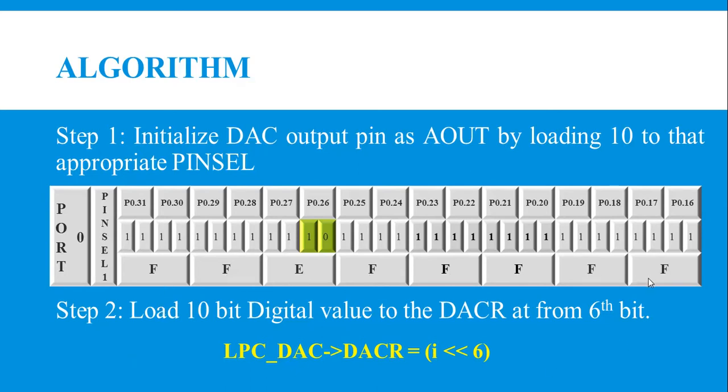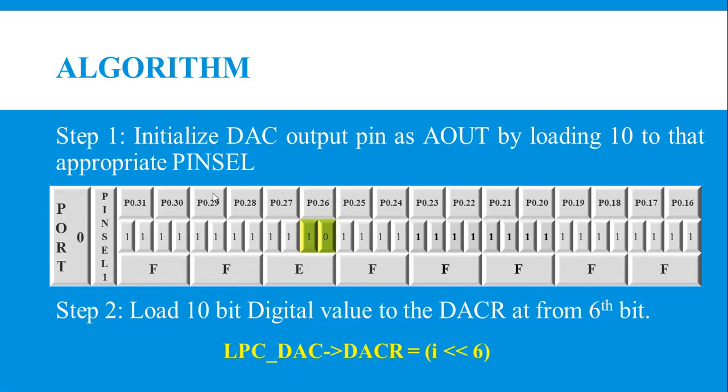This is one way, or alternatively you can directly load 1 to the 21st position of the pin selection 1 register. Either way you can configure the 26th pin of port 0 as AOUT pin. So this is the first step.